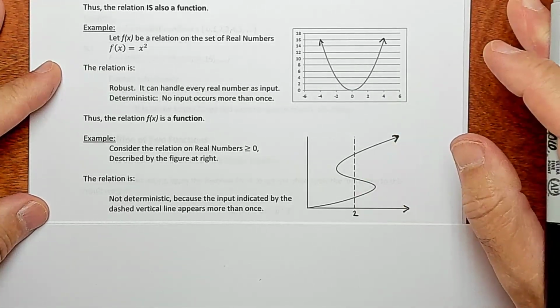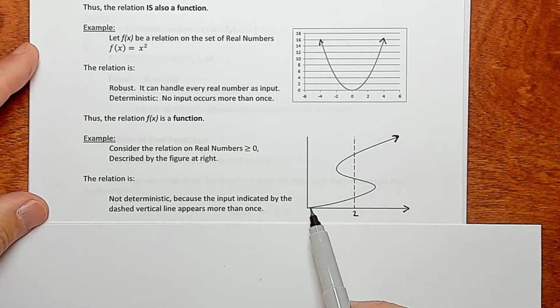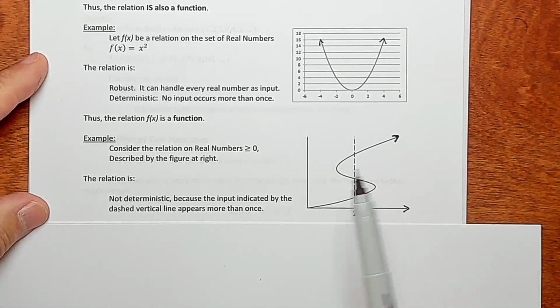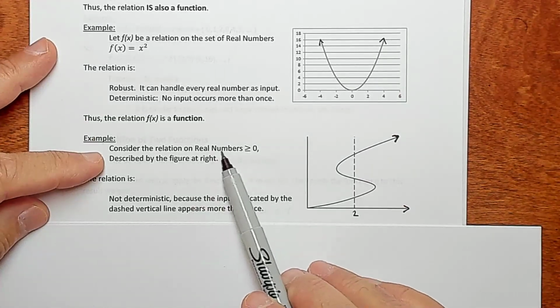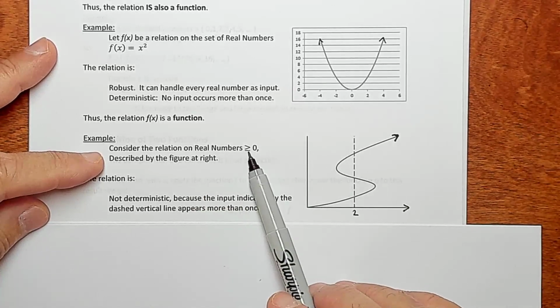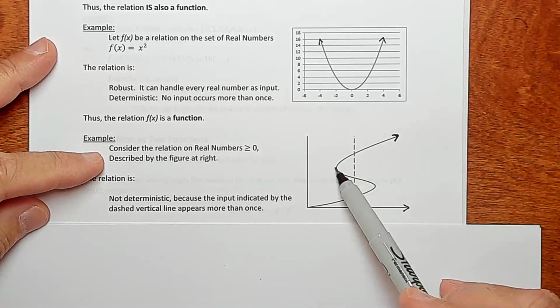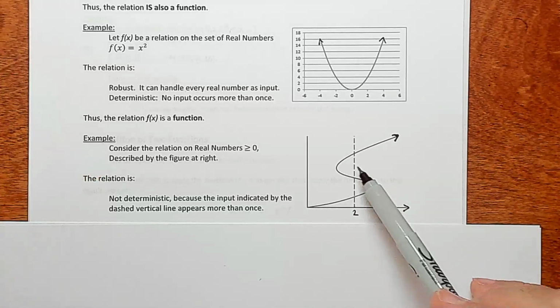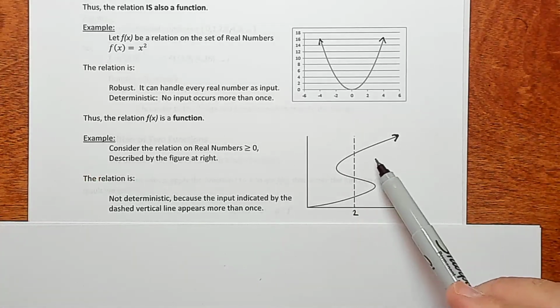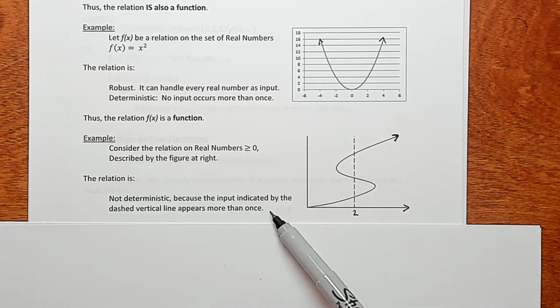Therefore, it's not a function. Is it robust? Well, it depends on how you define the input set. Here I'm defining the input set as real numbers greater than 0. So if I define the input set this way, then it's robust because it knows what to do with every element of the input set, which are positive real numbers. So it's robust, but it's not deterministic. Therefore, it's not a function.